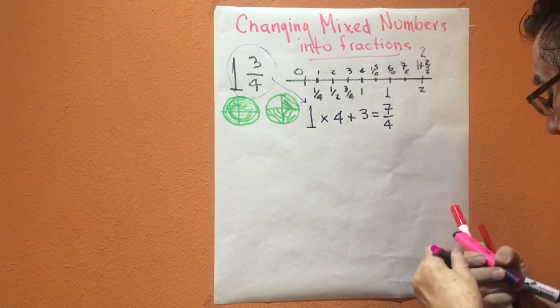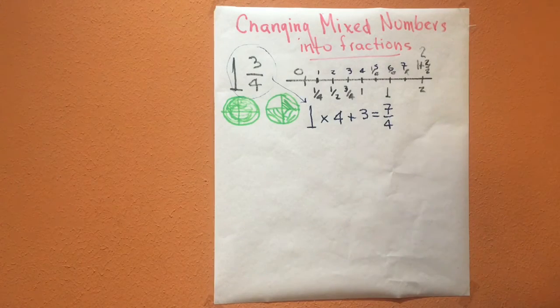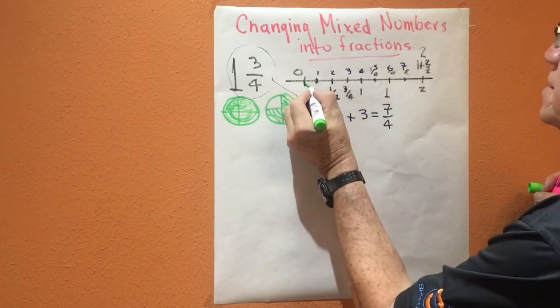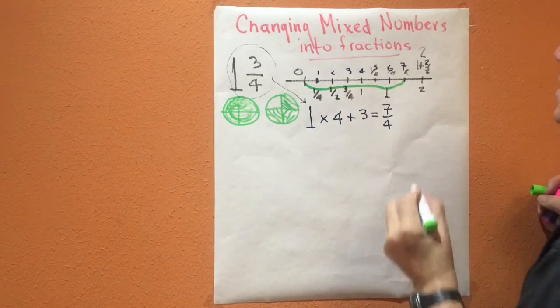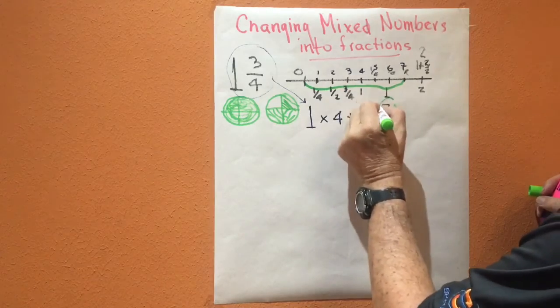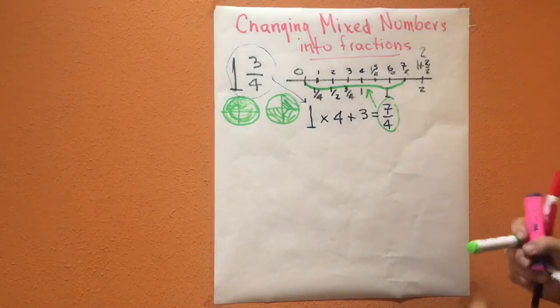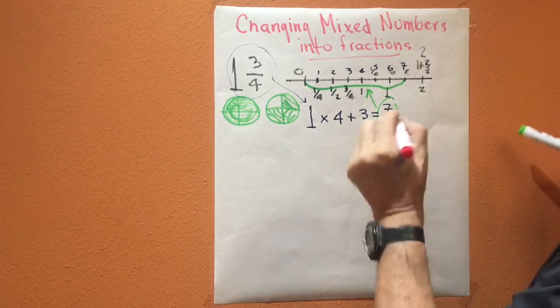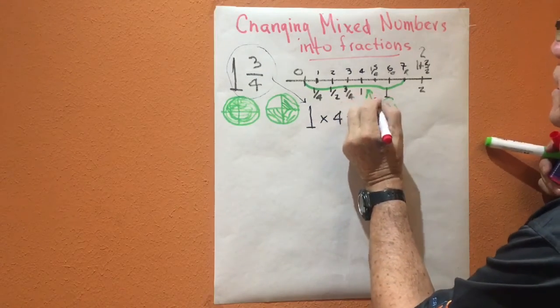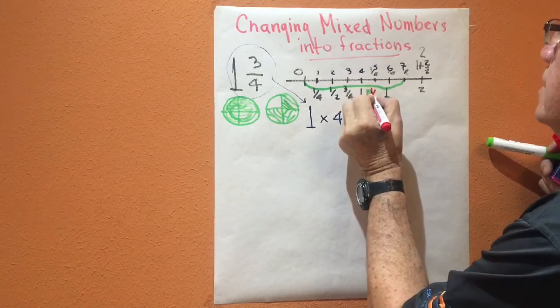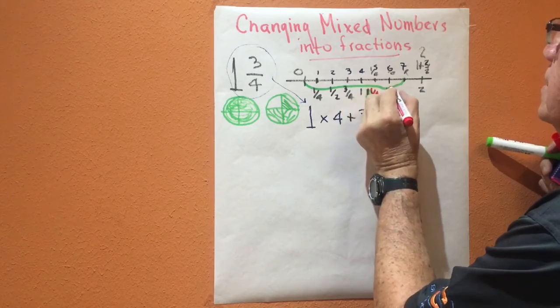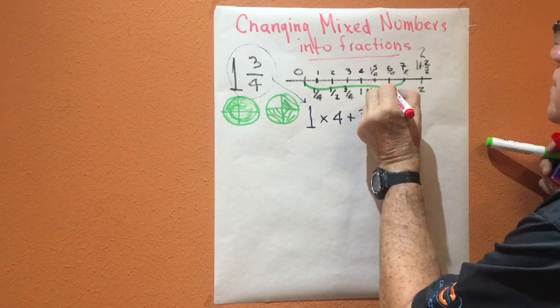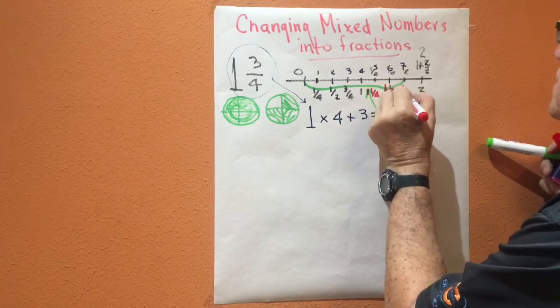So that means that our mixed number is represented like this. It's represented all the way here. So this is 7/4. Okay? Is it understood? Very good. Here we have 1 and 1/4, 1 and 2/4, 1 and 3/4.